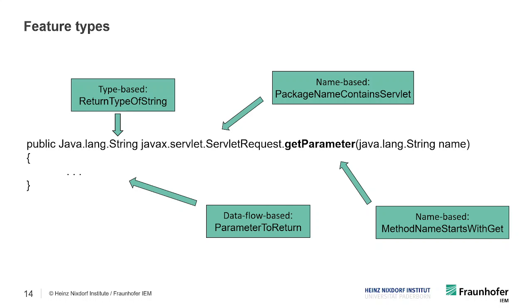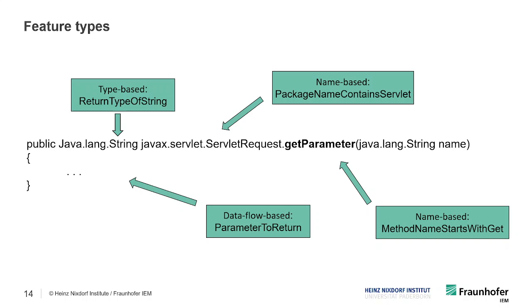So this feature, parameter to return, will answer whether there is actually data flow between a parameter and return, and this is quite useful. We have learned this in detecting sanitizers. Sanitizers will get any tainted information in the parameters, they will do some kind of processing, and usually they will return this value.